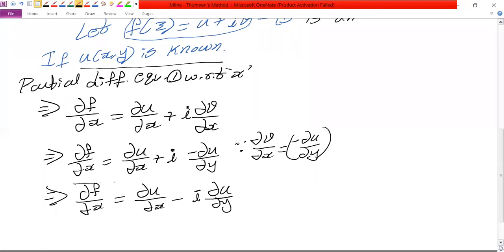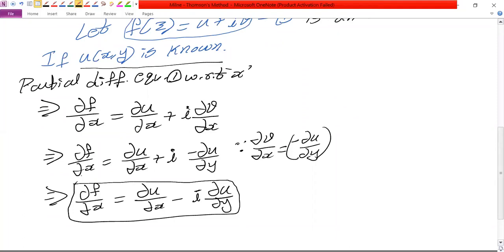But later I'll write the left hand side dou f by dou x as df by dx. I'll tell you why it is. Actually, here f dash only we can take directly.